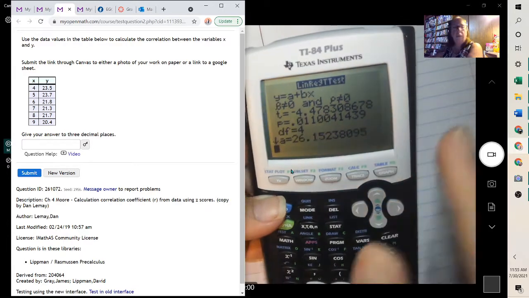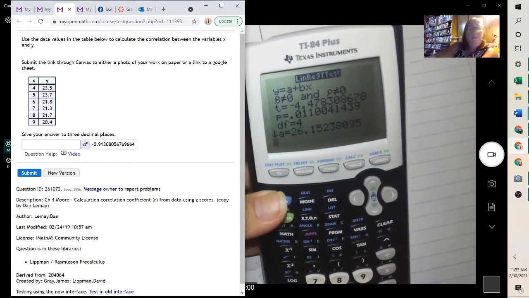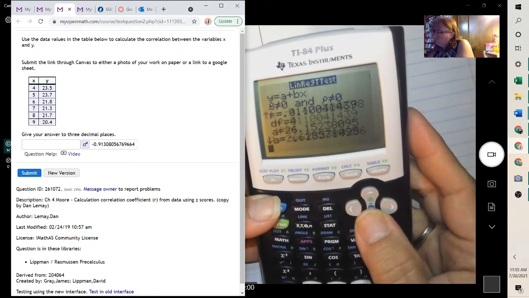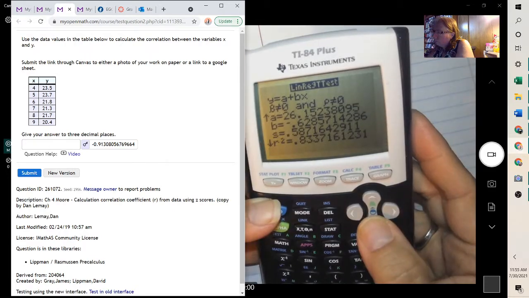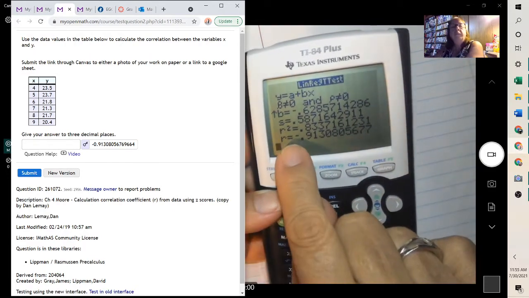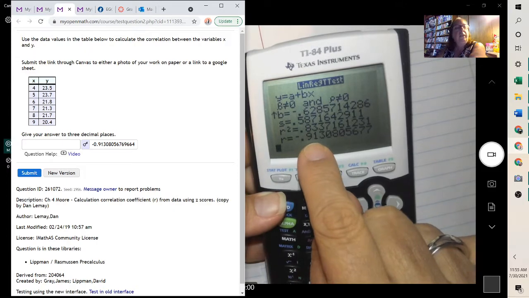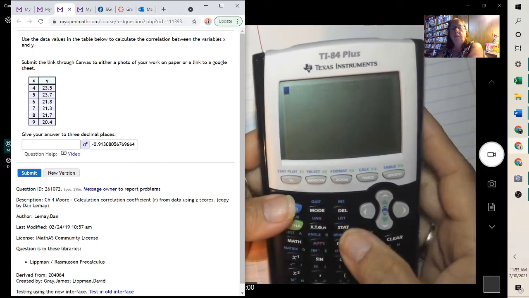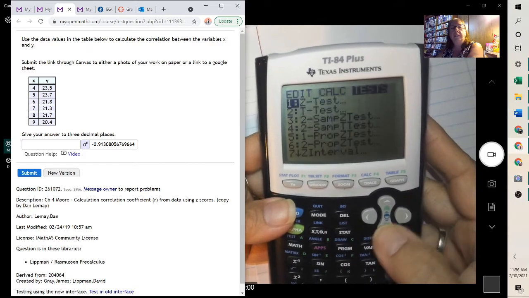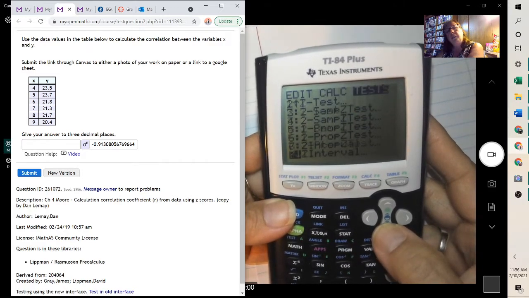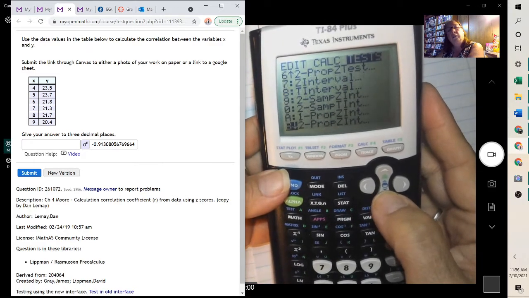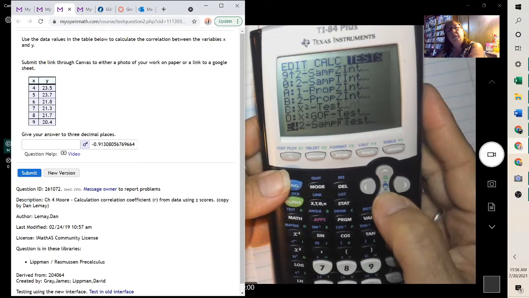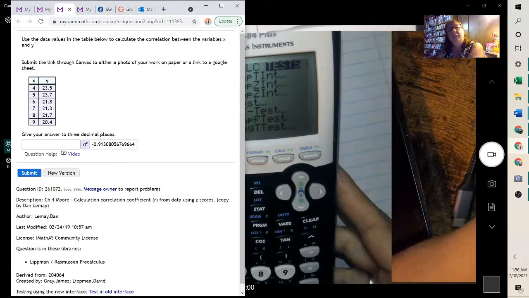And what did they want? They wanted the correlation. There it is. Negative 0.91308. So it was stat over to test down to linear regression. Hit enter.